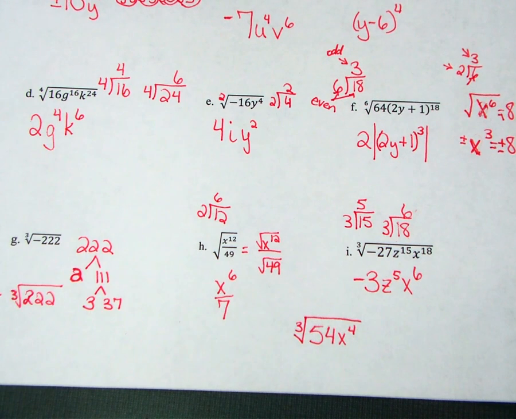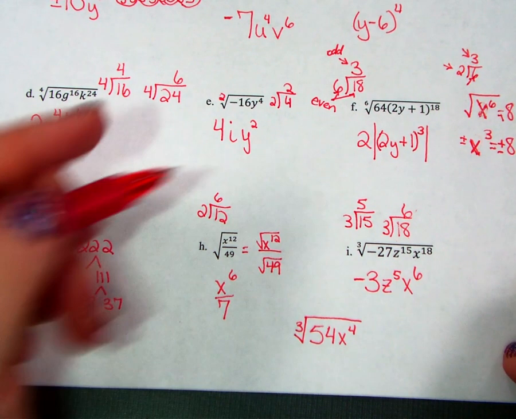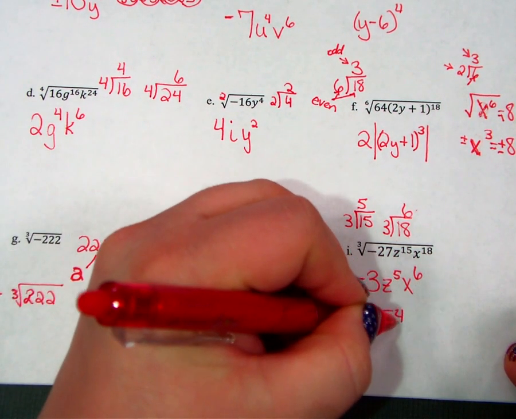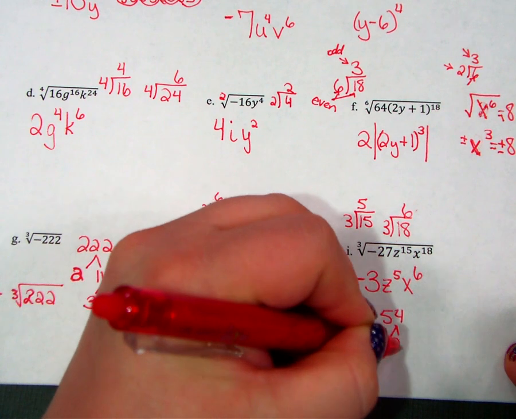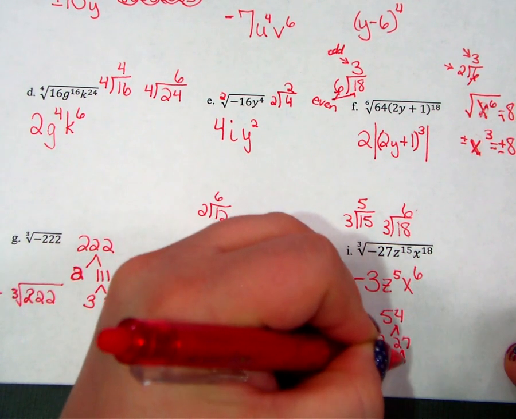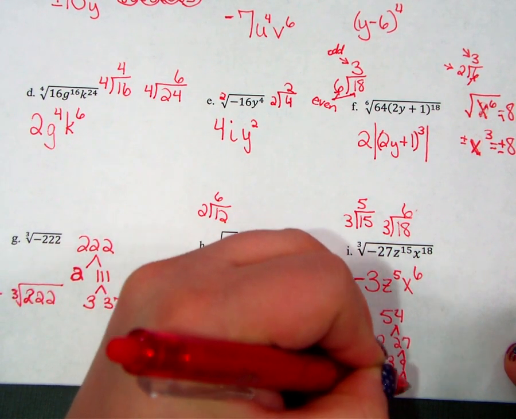Let's do the cubed root of 54, x to the 4th. When I try to do the cubed root of 54, I get a decimal. So that means I need to use a factor tree. So my factor tree of 54, 2 and 27, 3 and 9, 3 and 3.